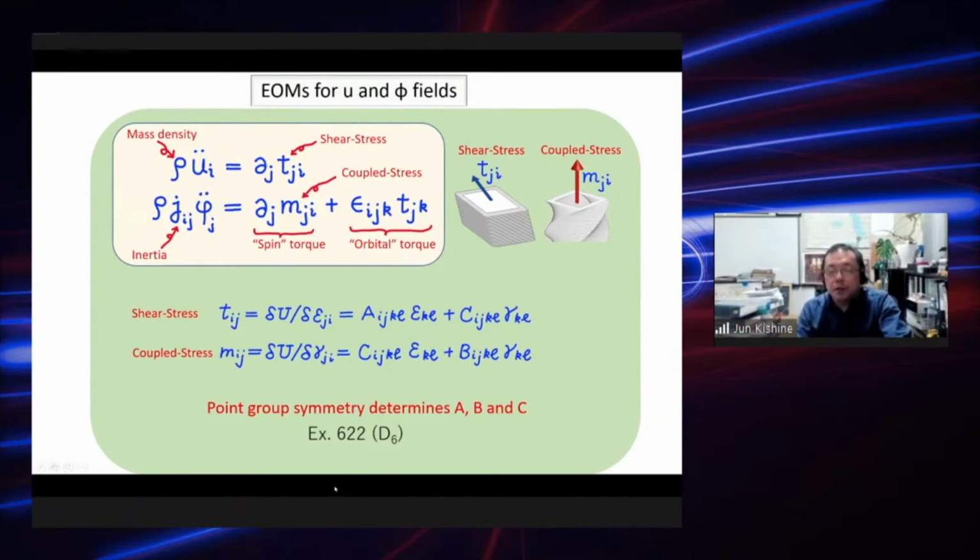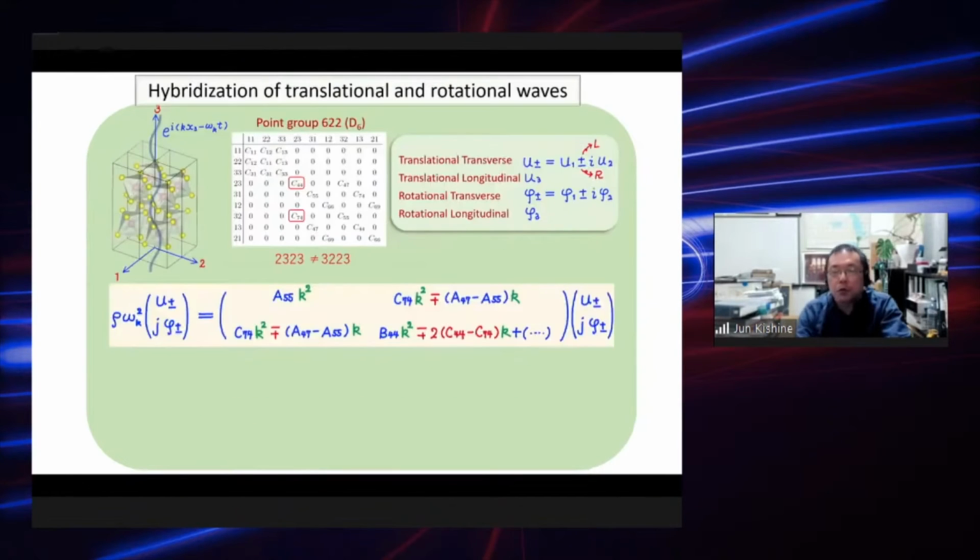We need to specify the point group symmetry of the crystal which we are considering. So let us take 6Q2, this point group. This point group exactly corresponds to the chromium niobium disulfide compound, which Kosaka-san heavily mentioned in his talk, in my previous talk. So we take up this 6Q2 point group.